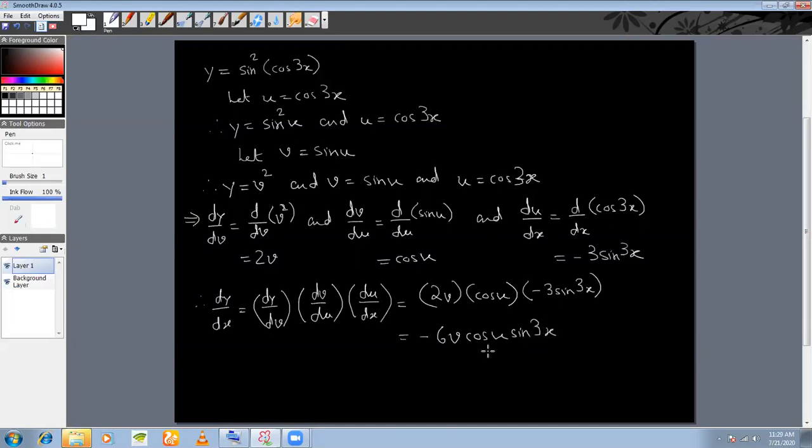Now you put back the values. Minus 6v is sine u, cos u, sine 3x. Now what is u? Cos 3x. So this is minus 6 sine of cos 3x, cos of cos 3x, into sine 3x. Understood or not?